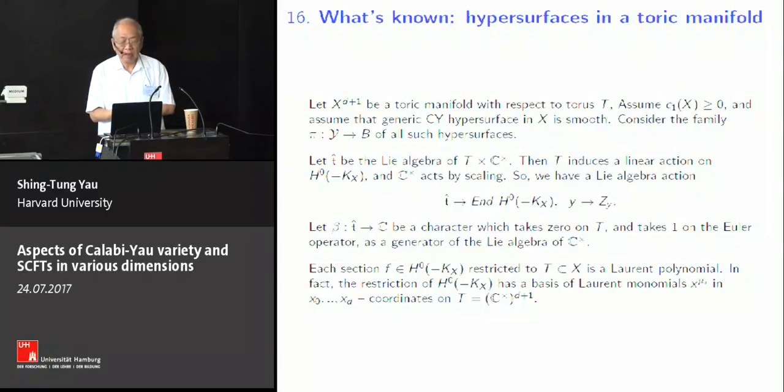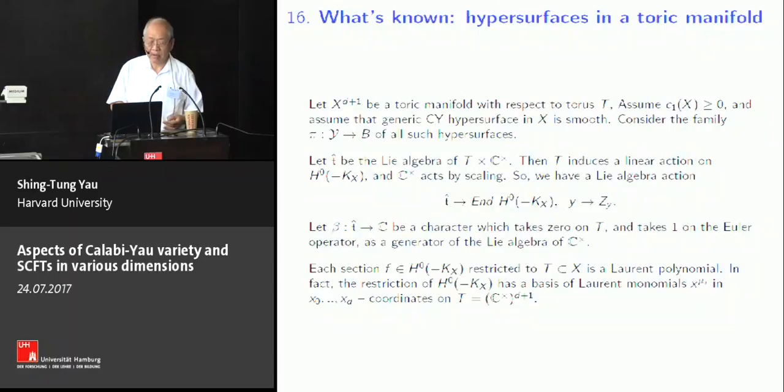In this case, we have a Lie algebra action acting on the holomorphic sections of minus K_X. Each y in this Lie algebra gives rise to a family of operators, and these operators are going to play an important role for us.